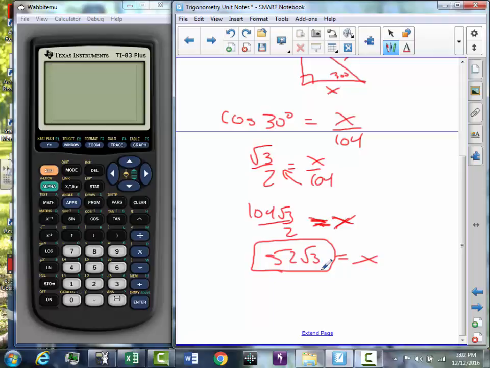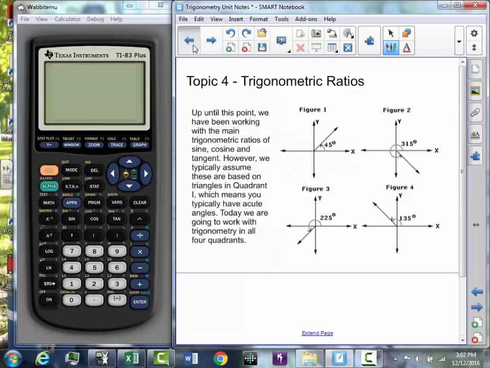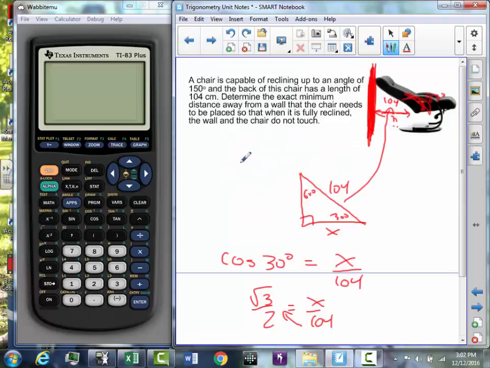If you just do that little replacement, then you can get your answer. But your answer is now in terms of square roots. That's all. Does that work? Okay. That's all I got. Any questions?